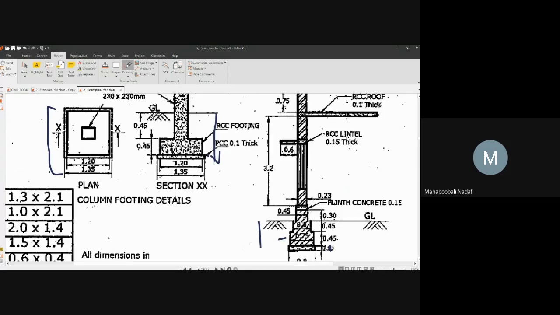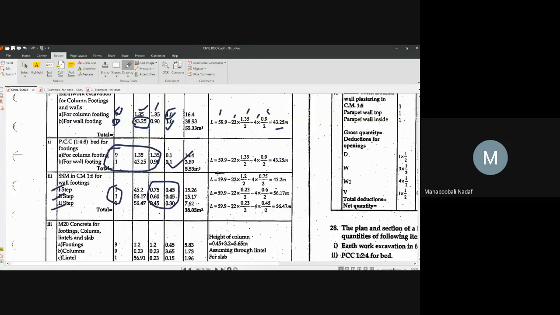Just remember n into b by 2 and n into b by 2. Correct? In first case, b will be this 1.35. In the other one, where there is a minus, b will be 0.75. I hope it is clear now. 59.9 minus n into b by 2 and n into b by 2.